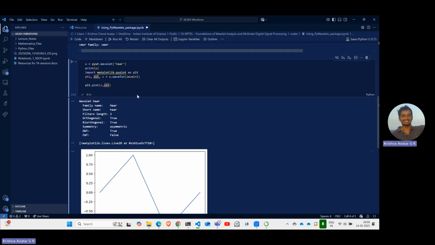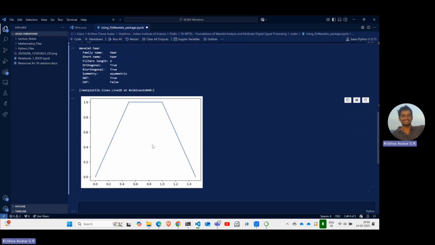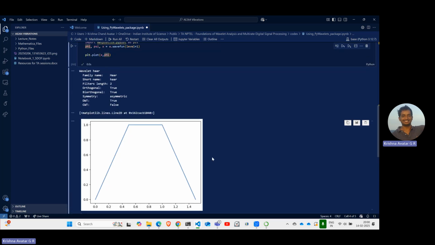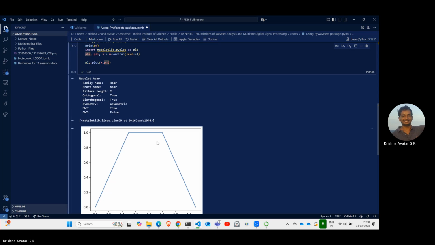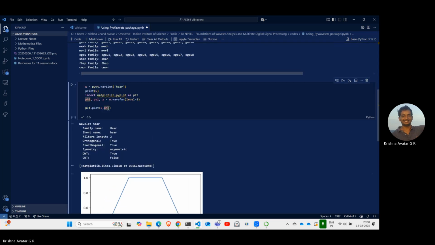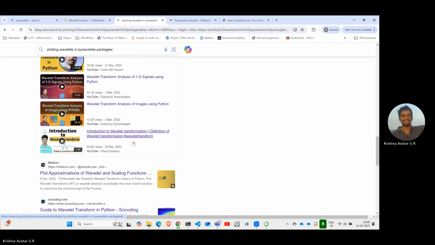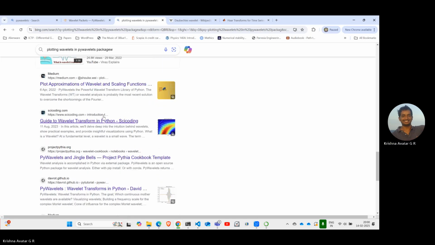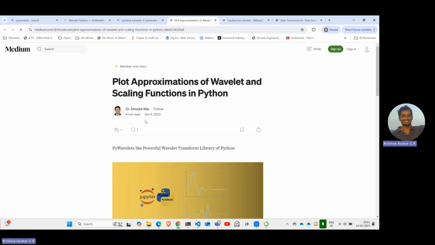Of course, it's not properly a Haar wavelet, but still, let's see how the file looks. This is what has been implemented here. Let's see. Let's look at some logs.